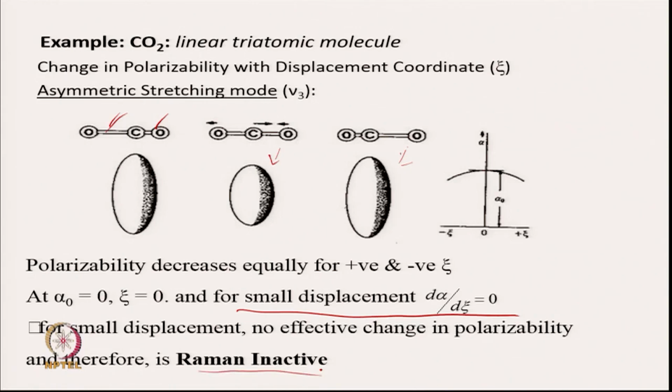So, basically you have to look at the change in polarizability around equilibrium, and you must think about a small displacement. If slope is 0, it means that particular mode is not Raman active. If slope is positive or negative, it means polarizability is changing, and when polarizability is changing, it means it is Raman active.